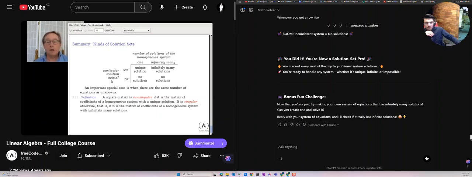Okay, and just to close, let me sneak a word in here before I let you go. An important special case is when the linear system has the same number of equations as unknowns. When you look at the matrix of coefficients for that linear system, there are two cases.